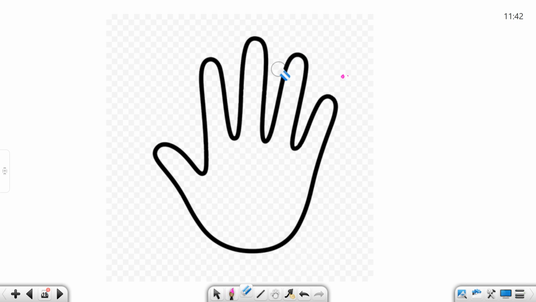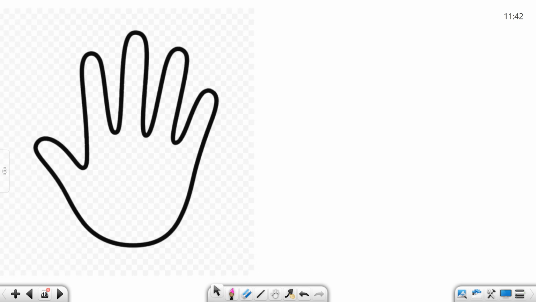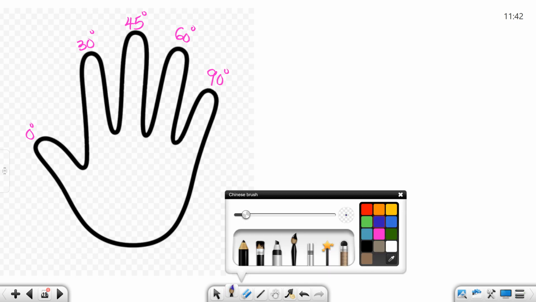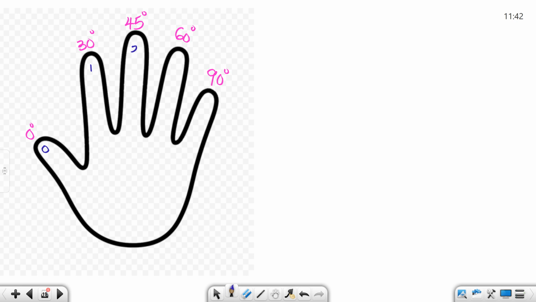Just draw on a simple page quickly. Look at how I'm going to write my values: 0, 1, 2, 3, and 4.